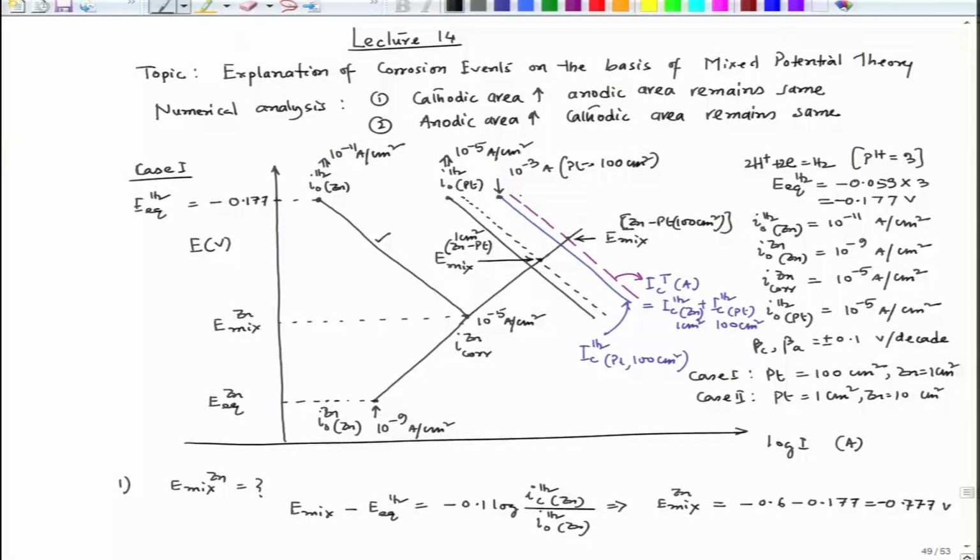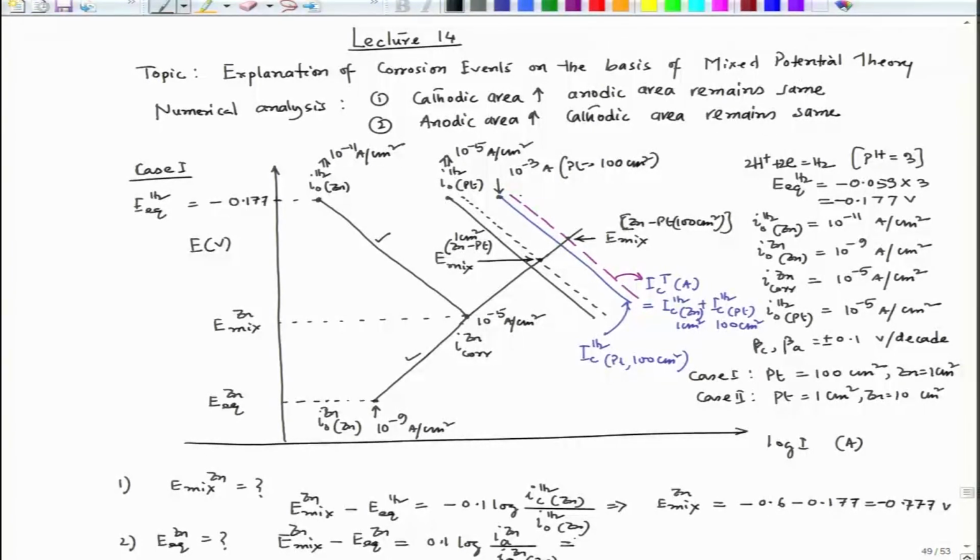Now we have to find out E equilibrium zinc, which can also be found out. We have to find out that part. So E mix zinc minus E equilibrium zinc equal to 0.1 log of, we have to take this particular line, IA zinc over I0 zinc over zinc surface.